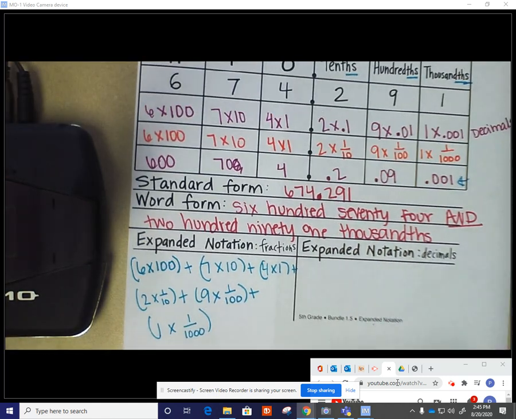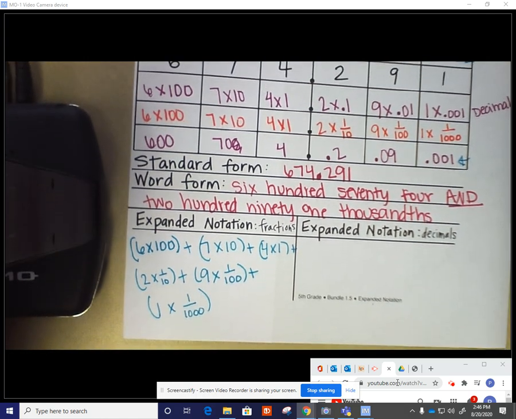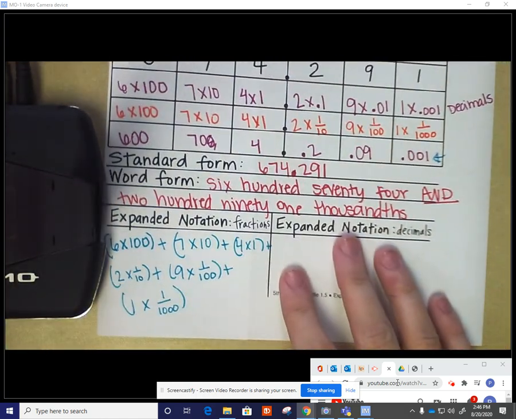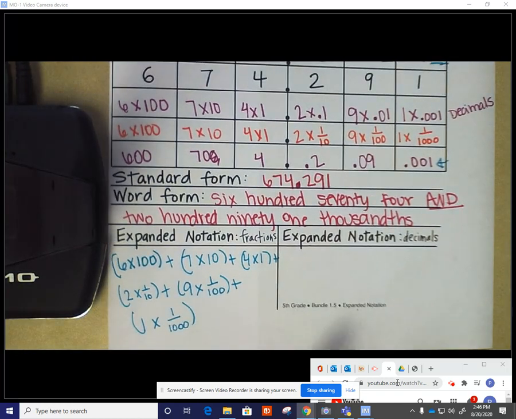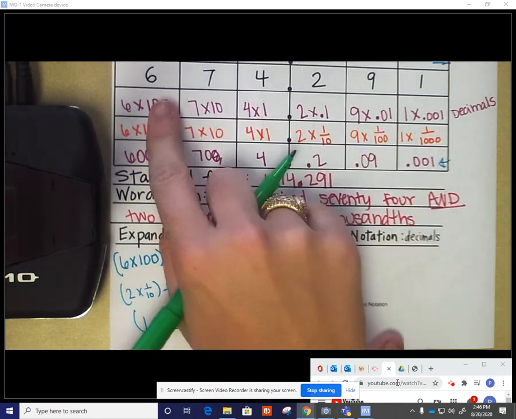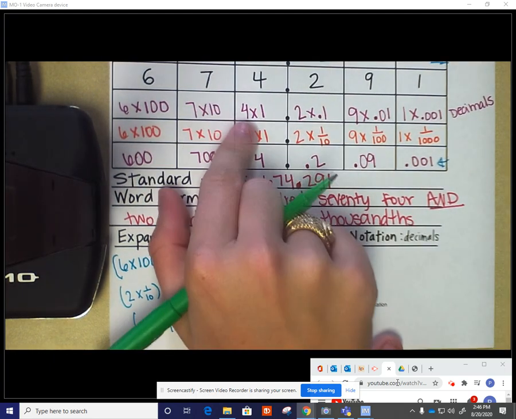Okay, and now we're going to do expanded notation as a decimal. This is kind of blurry. Okay, so I'm going to take that decimal line, that maroon line up at the top, and write this as a decimal. Let's do it. Okay. So it obviously starts off the same. We have 6 times 100, 7 times 10, 4 times 1.